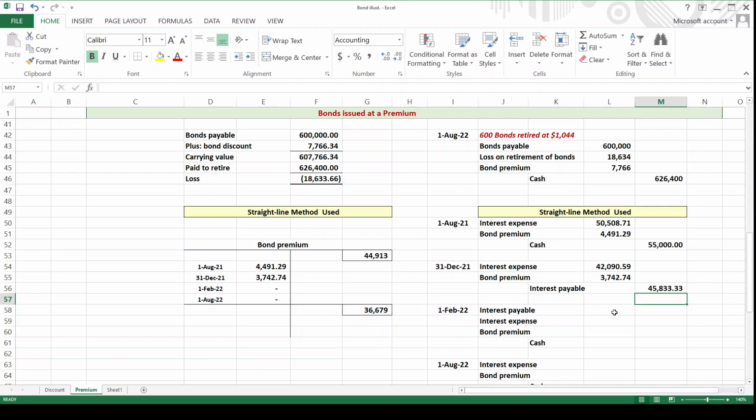Okay. Then what do we do? February 1, we make the interest payable go away. We need 1/6 of the semi-annual amortization. So I'll take this and divide by 6. Whoops, that's the wrong number.